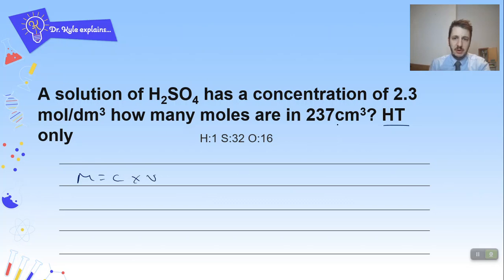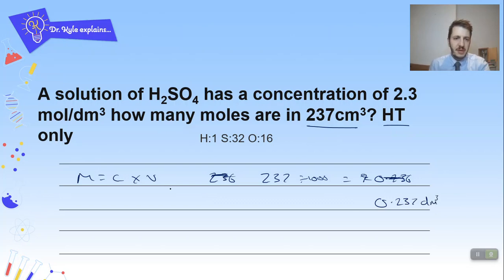I'm going to take my volume, which is 237. I'm going to divide that by 1,000 to get it into decimeters cubed. So that's 0.237 decimeters cubed.